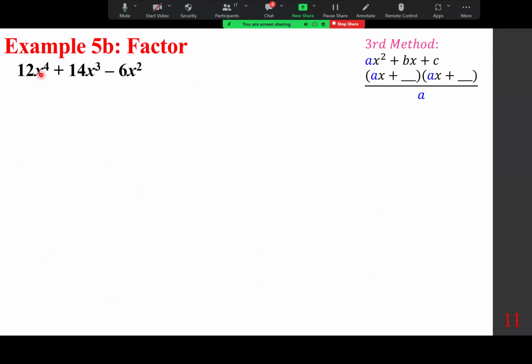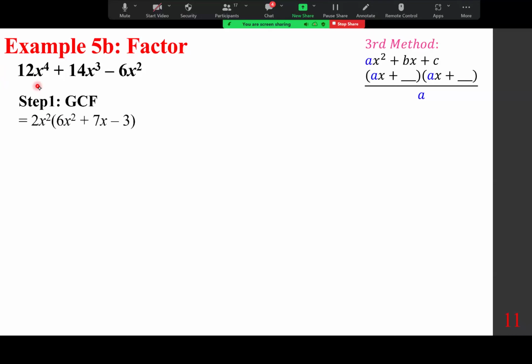All right, we want to factor 12x to the power of 4 plus 14x cubed minus 6x squared. The very first step, as always, is GCF. So what do we find in common? Can anybody tell me what the GCF is here? 2x squared.